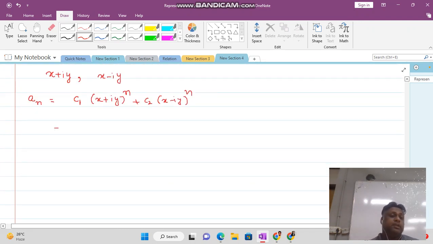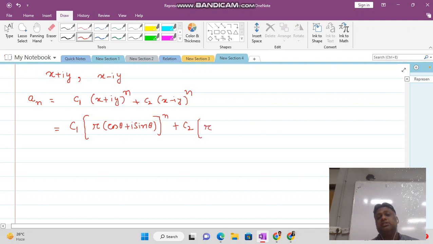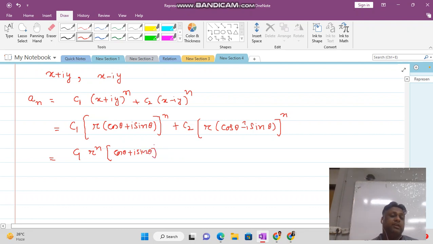It is r into cos theta plus iota sin theta whole raised to the power n, and the other is r into cos theta minus iota sin theta whole raised to the power n. So you can write c1 r raised to the power n cos theta plus iota sin theta whole raised to the power n plus c2 r raised to the power n cos theta minus iota sin theta whole raised to the power n.